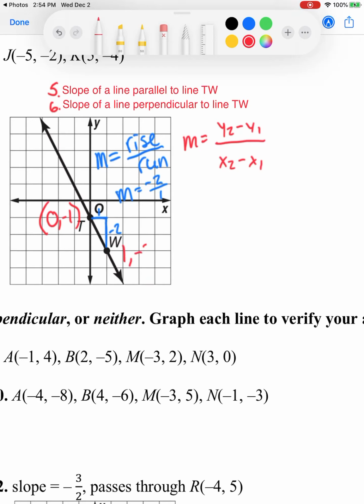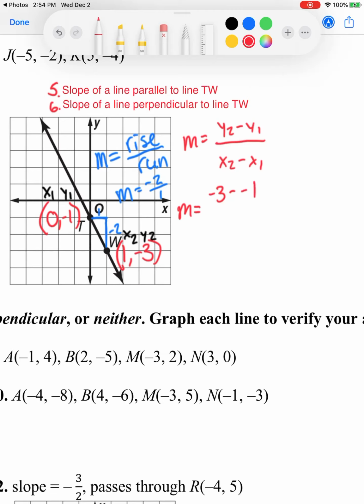But anyway, T is 0, -1, and W is 1, -3. So I am going to label these as x1, y1, x2, y2, and then I'm going to plug these into the formula.